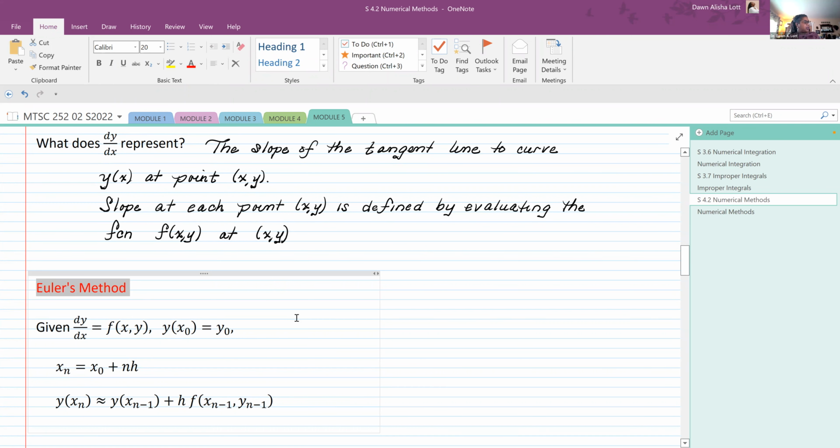So given the differential equation dy/dx is equal to f of x, y, and the initial condition y at x naught is equal to y naught, we start off knowing y at x naught being y naught, and then we move forward and find each subsequent point. So let me give you a picture, and then I will explain my formula.